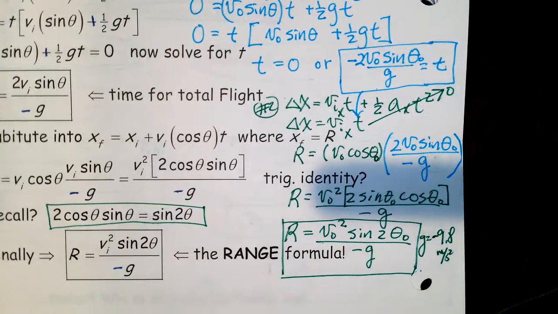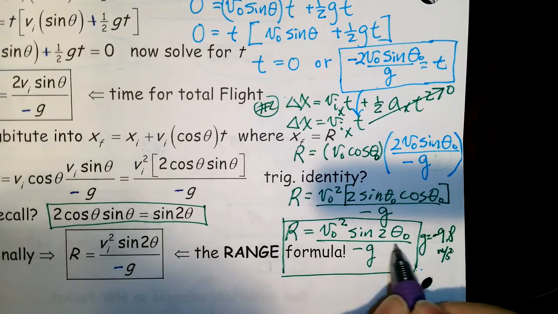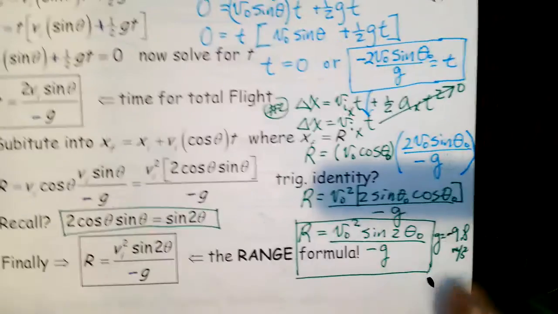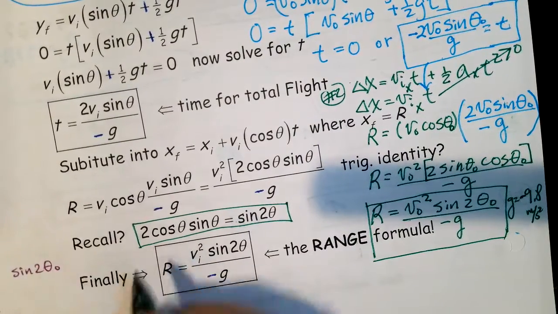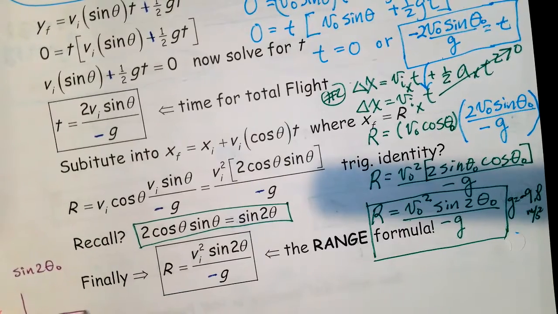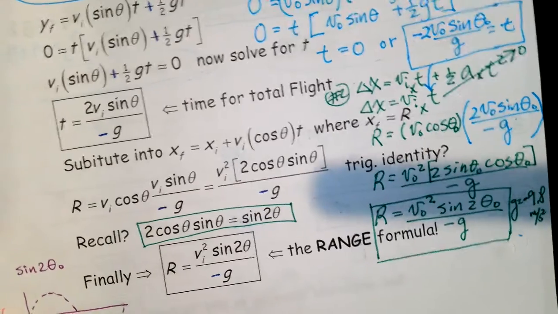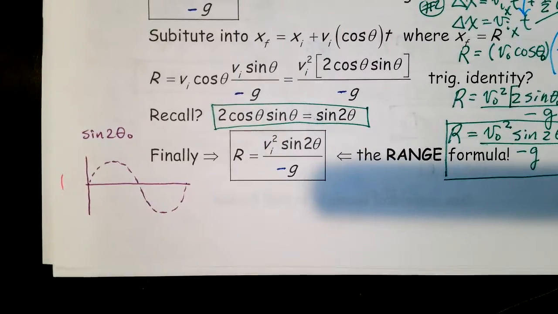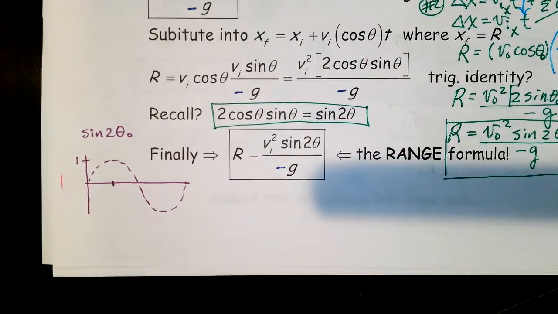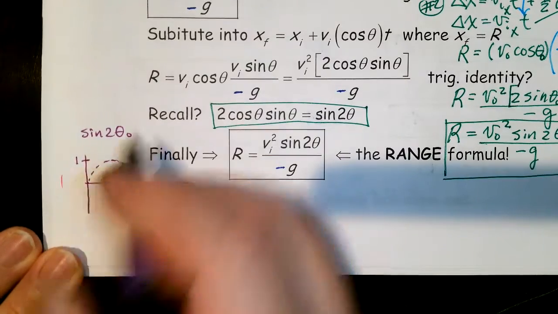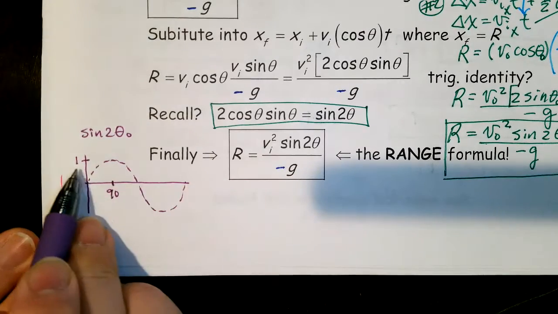So let's analyze this right here. This sine of 2 theta naught, and if we look at the sine function, sine will have a maximum value of 1 at what angle? Yes, Ben? 45 degrees. Well, at 90 will be maximum of 1.